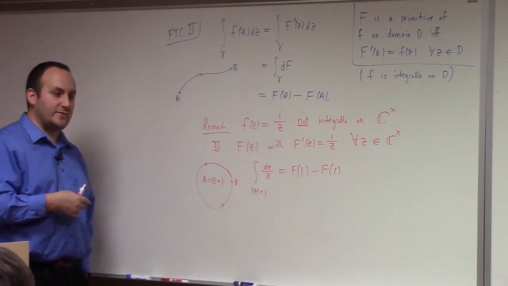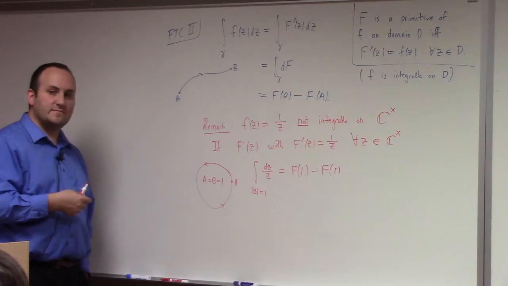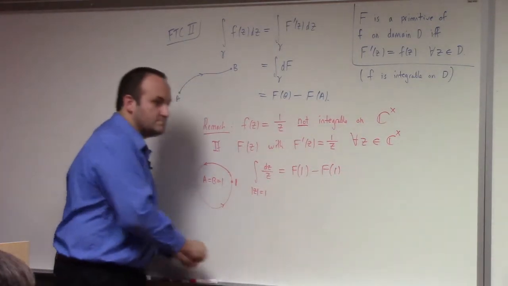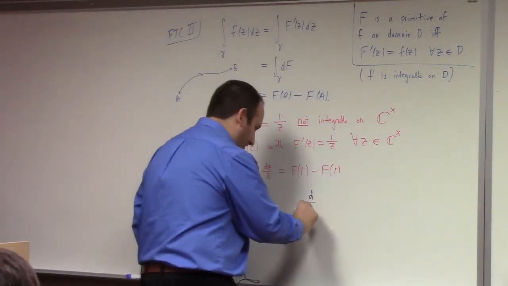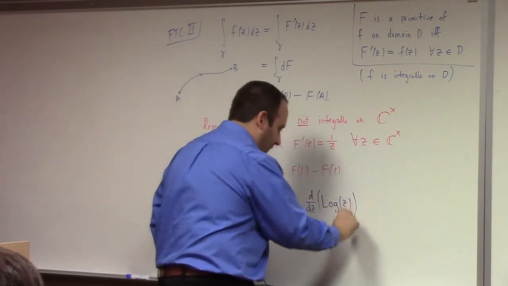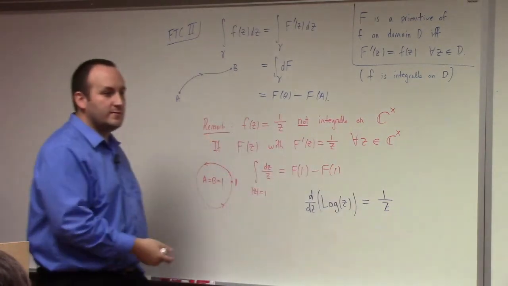But where is it integrable? And what is the antiderivative of 1 over z? Log of z, right? Exactly. d/dz of log of z is equal to 1 over z. Where, though?